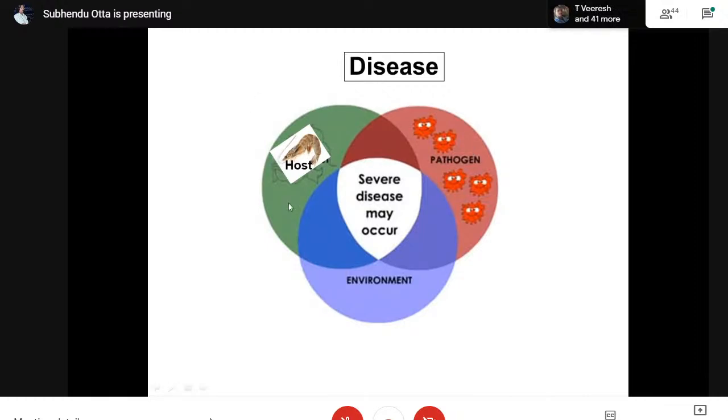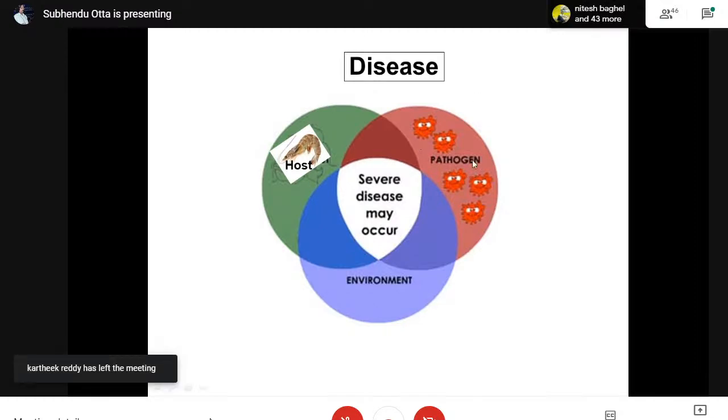And how does this imbalance occur? For example, host. If the immune system is low, then there is a chance that the pathogen will invade and cause disease. Similarly, your environment, if it's not suitable, for example, if oxygen is low or toxic gases like ammonia, nitrite, or hydrogen sulfide are very high, all together this will bring stress on animals and it will bring down their immune system.